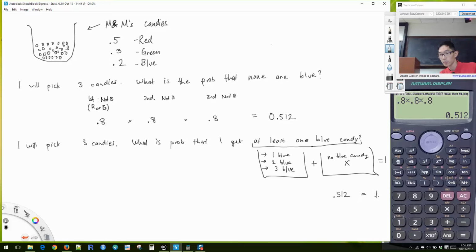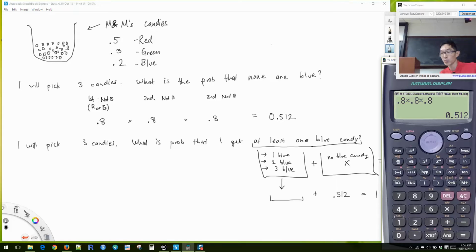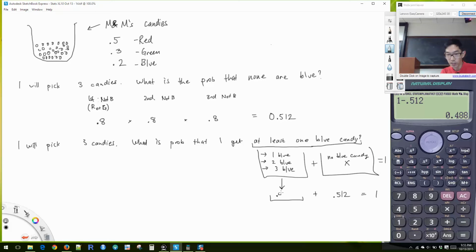Which means this part over here has to be 1 minus 0.512, and I get 0.488. So what is the probability I get at least 1 blue candy? Wait, how'd you get 0.488?